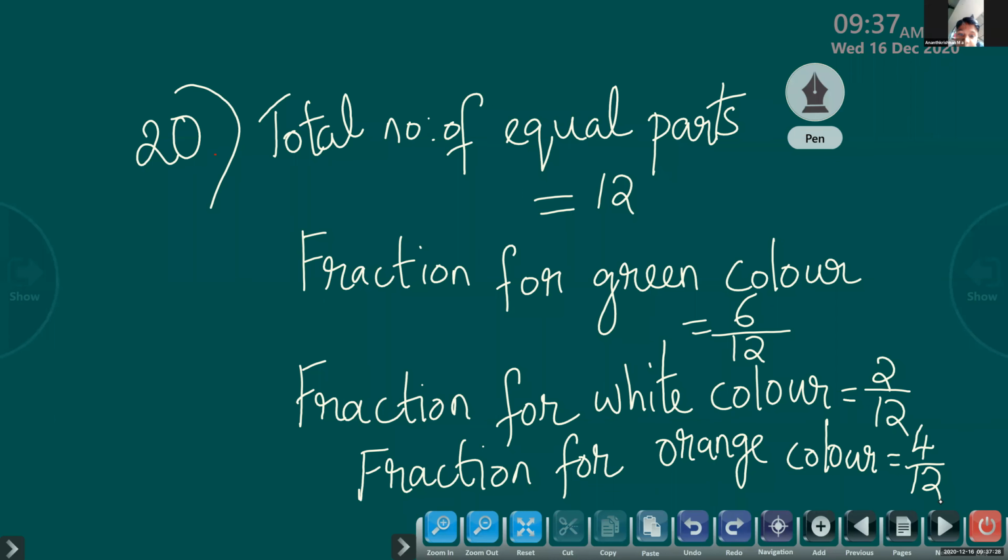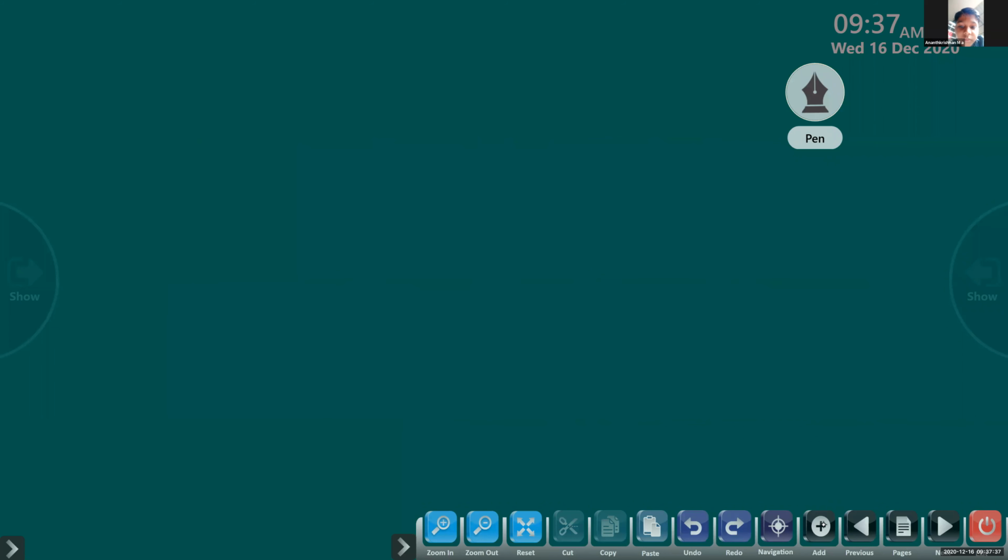So in the next sentence, children, we can write 6 by 12 is the most. So green color is used the most.